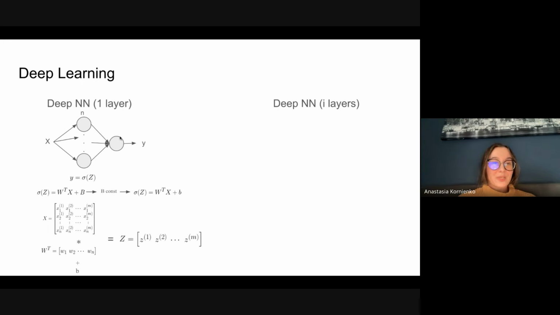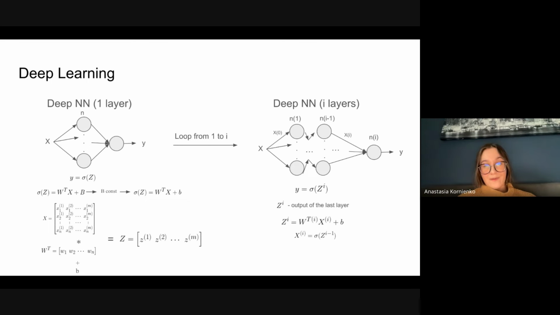So this is how it looks for one layer, taken from the previous slide. What do we do for I layers? Basically, we have a loop from 1 to the number of layers, and the formula transforms to this one. So the output is the sigmoid of Z of this layer. And this is how Z is calculated for the current layer.